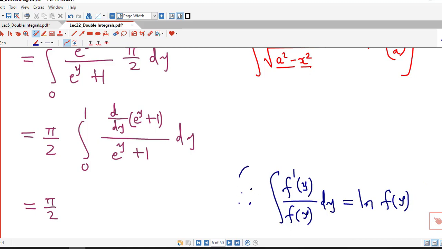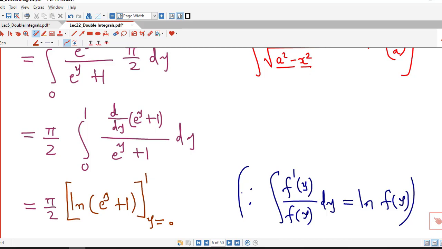So using this formula, this is going to be log of e raised to y plus 1, and limits of y are from 0 to 1.